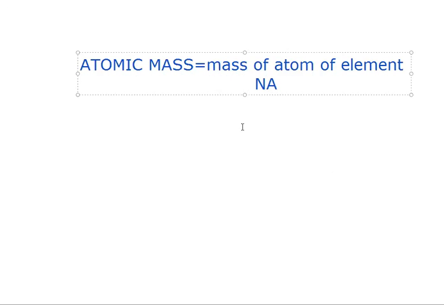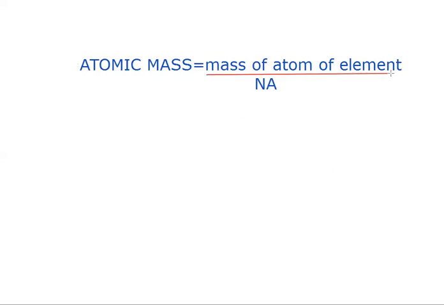So we can write this formula in this way also, that is, 1 divided by Na. Isn't it? So we have one more formula for the atomic mass, that is mass of an atom of an element divided by Na. Okay, so this atomic mass unit is overall defined as a value like this.